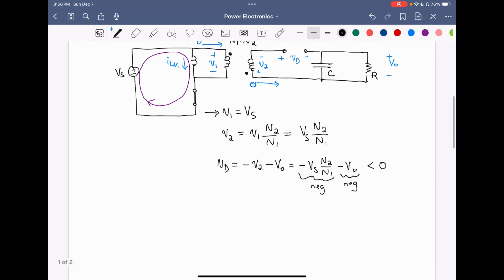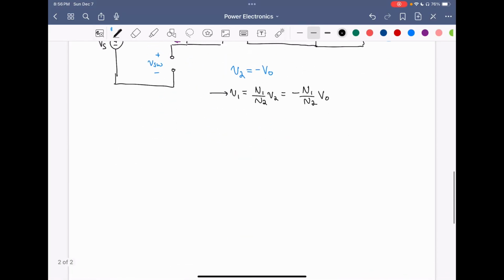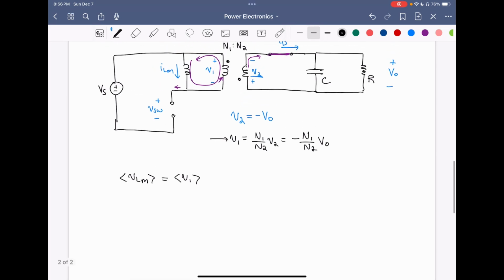Because the magnetizing inductor voltage VLM is equal to V1, we know by the volt-second balance for DC-DC converters in steady state that the average voltage across an inductor equals 0.